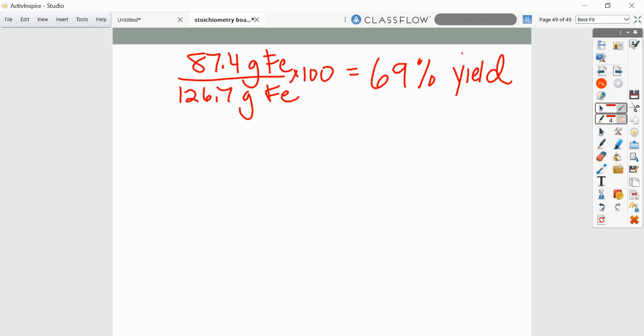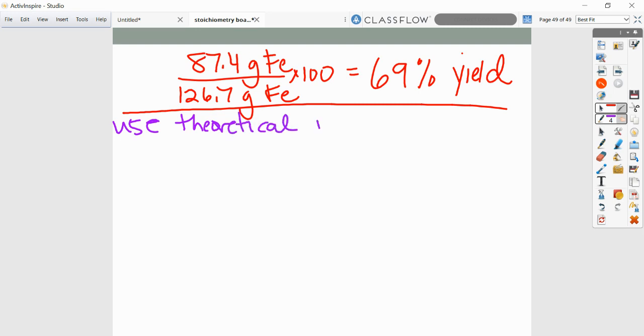If we want to determine how much iron 3 oxide is left over, we can do it one of two ways. We can either use the theoretical iron or the amount of CO to use.